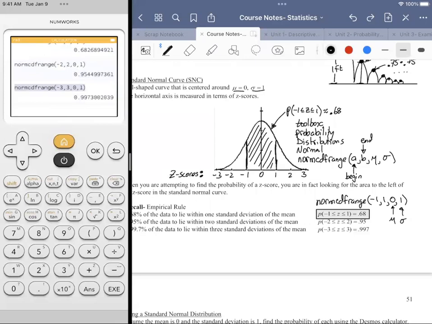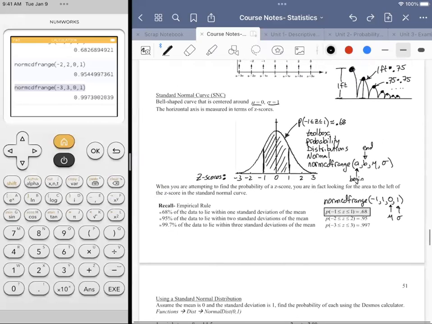Because we weren't going to get to this topic until now, which is months later. So it makes sense to just believe the percentages are correct at that point, but now know that we can verify them. But this technique also allows us to figure out probabilities for, let's say, weird Z values.